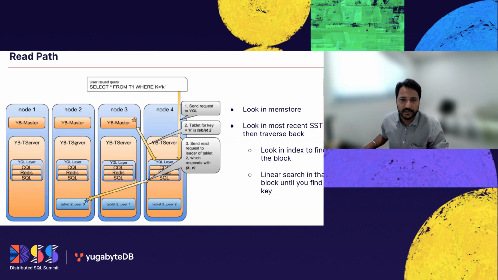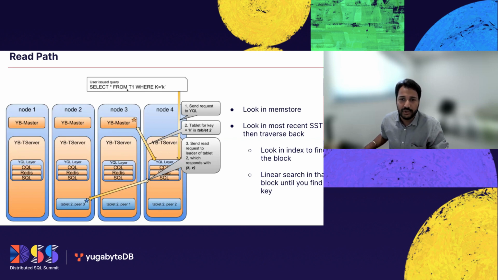And then you have a T server process running on all 4 nodes of the cluster. The star over here denotes that this is the leader of the master process. The T server is simply responsible for storing your data and also hosting the YQL, which is the Yugabyte query layer.